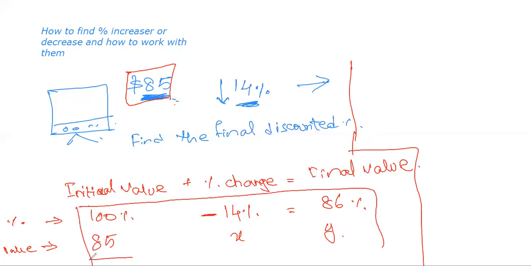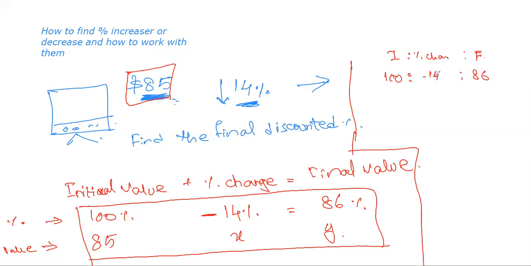I can apply what? Once again, I can apply my ratios here. So how will I apply my ratios? Initial value, ratio percentage change, ratio final value. It is initial value 100, ratio 14, ratio 86.